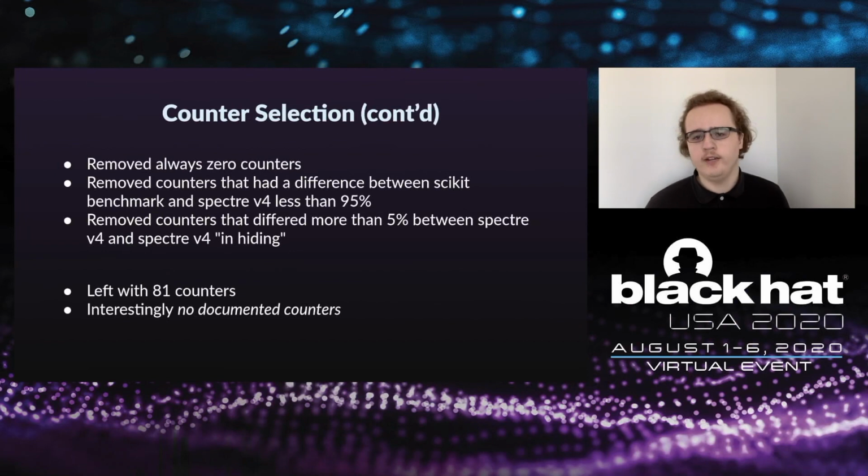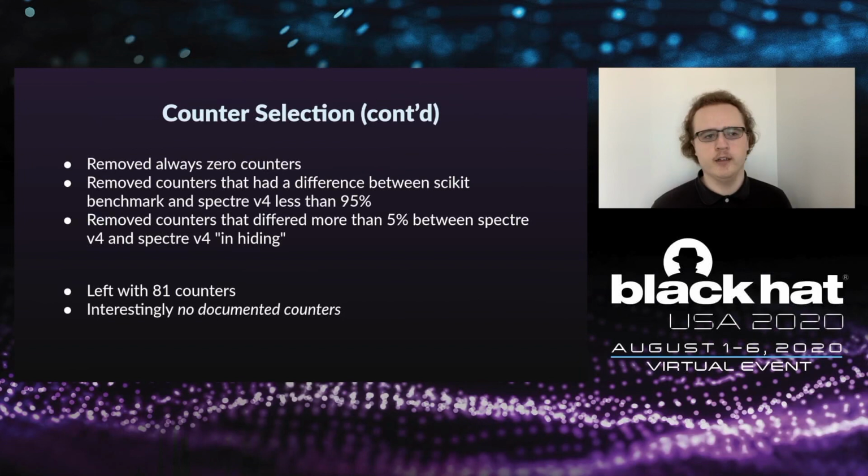Once we gathered all that data, we did a few filtering steps. We removed all the counters that were always 0, just because they weren't doing anything. We removed counters that had a difference between scikit and Spectre less than 95%. So the idea is basically we want things that are very different between scikit and Spectre. Then we removed counters that differed more than 5% between our modified Spectre v4 and the original proof of concept.